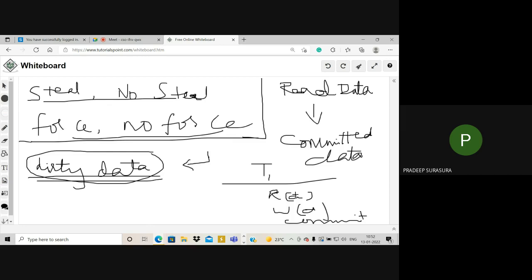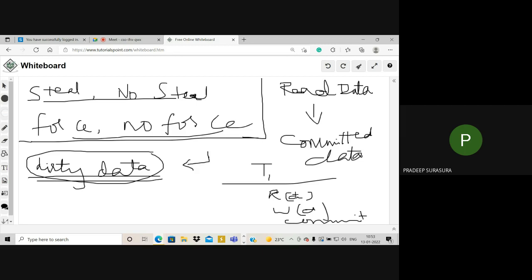So when I'm forcing the data, I am executing the commit statement forcefully. Force means commit the data. No force means do not commit the data. Let me give the gist again. Steal means data has become dirty or altered. Once the data is altered, it becomes dirty, or someone has stolen the data, we say.